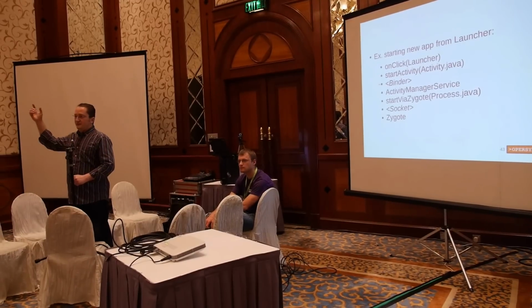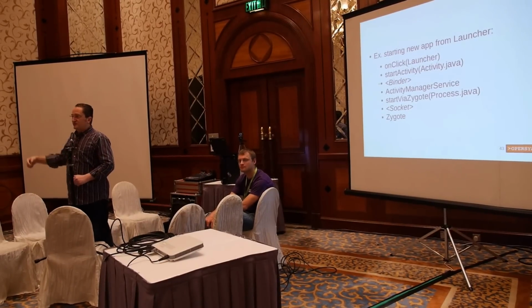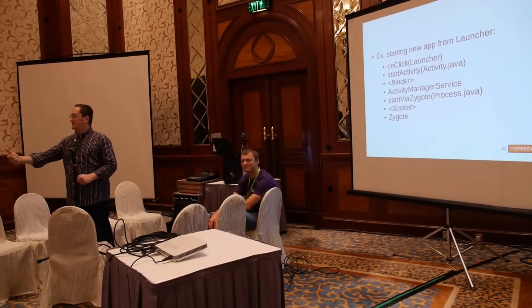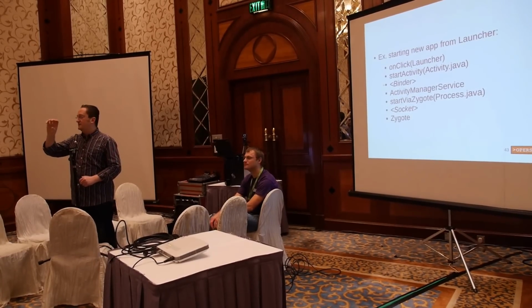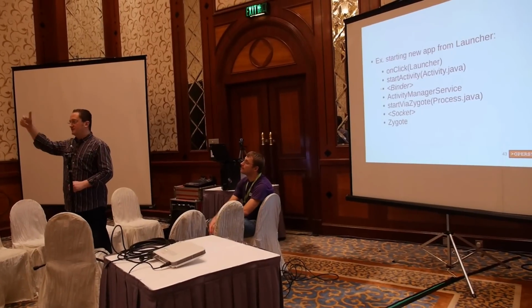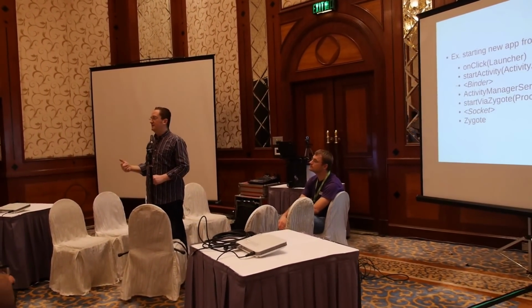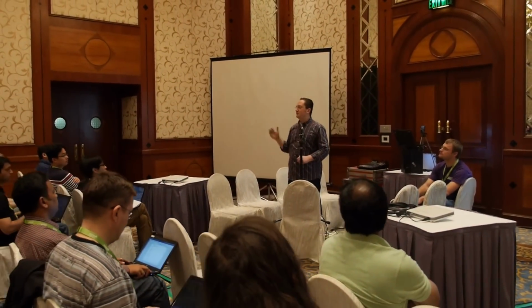The activity manager turns around, opens the socket to the Zygote, and says, here's a Java class, please start this. The Zygote forks and then starts the new app. This is why if you type PS on any Android system, you'll see the Zygote PID, which let's say is 32, and then all the apps will be a direct descendant of this.